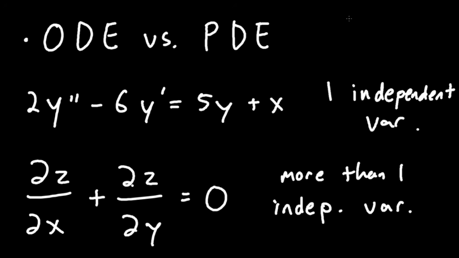Usually, if you see this partial derivative sign, which I have so stupidly called delta in my Calculus 3 videos, if you've watched those, you know what I'm talking about. I call these delta. It's just called partial. It is not the delta Greek letter. But basically, if you see this partial symbol, it's pretty safe to assume, given standard notation, that this is a partial differential equation with more than one independent variable.